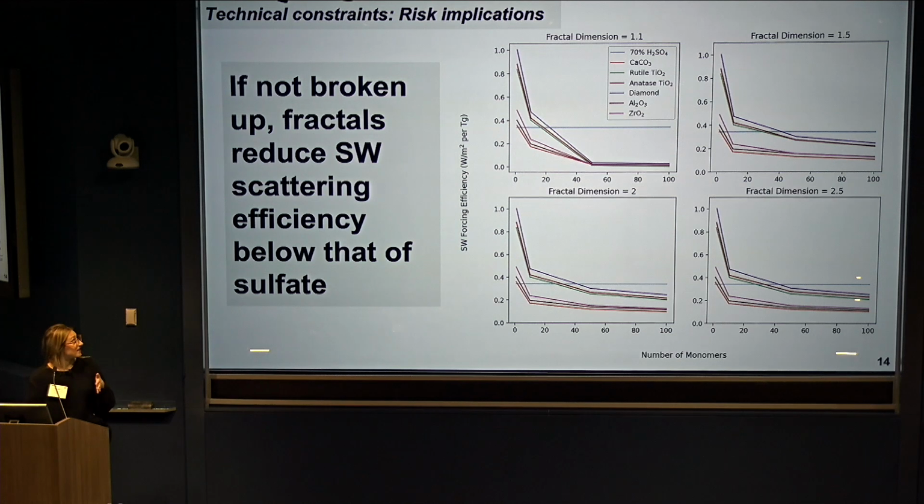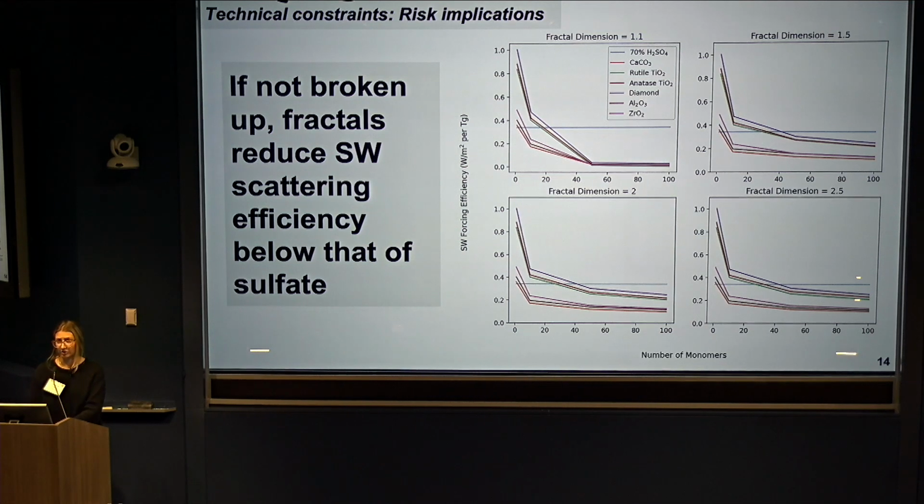So then we wanted to ask the question, okay, if it's hard to do this, and if whoever is potentially doing SAI does a poor job of breaking up these agglomerates, what would happen in the stratosphere? So we use a combination of Mie theory and mean field T-matrix theory, as well as DISORT in the shortwave, to model shortwave radiative transfer.